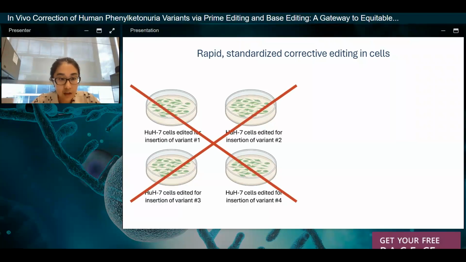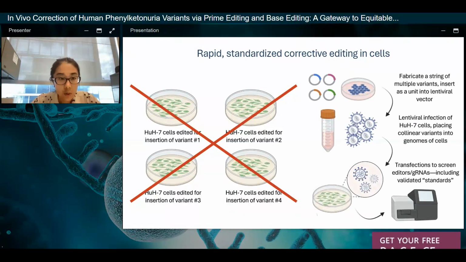But it's not practical to do one variant at a time. Therefore, we are actively establishing a pipeline to assemble a series of multiple variants, including P281L and R408W as our standards. These variants will be inserted as a unit into a lentiviral vector, and then will transduce HuH7 cells and screen editor and guide RNA there.